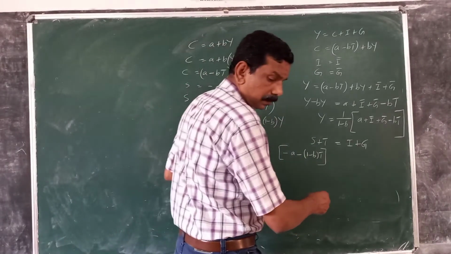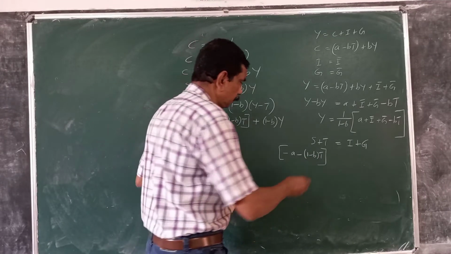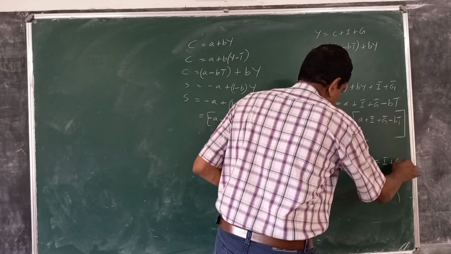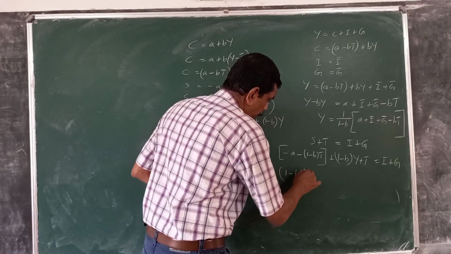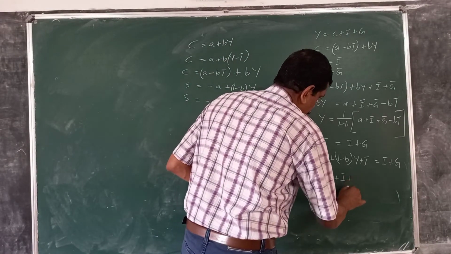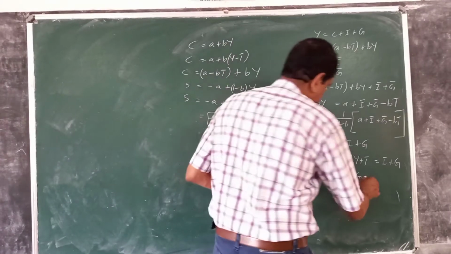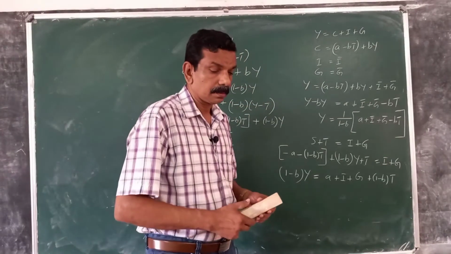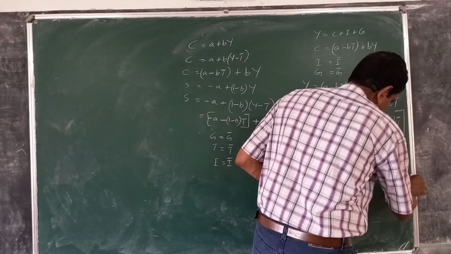So minus A plus (1 minus B)Y minus (1 minus B)T plus T is equal to I plus G. Equating, (1 minus B)Y is equal to A plus I plus G plus (1 minus B)T minus T.